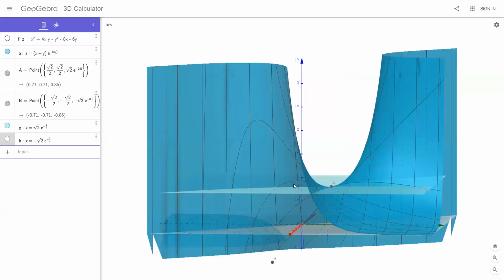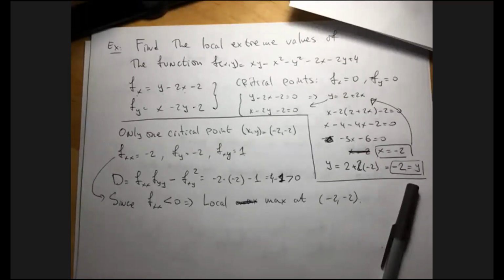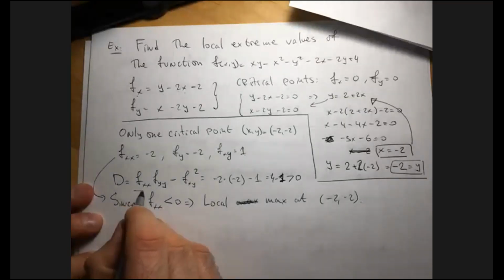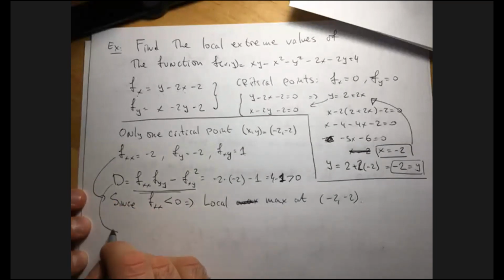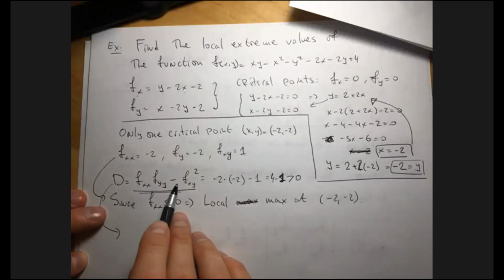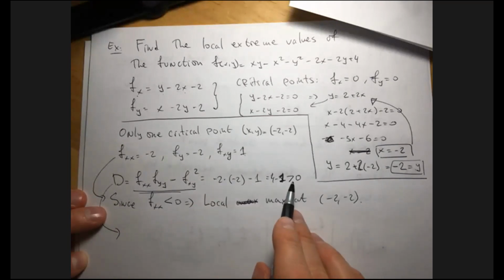Okay, let's come back here. If the discriminant is positive, when do we have a positive discriminant?